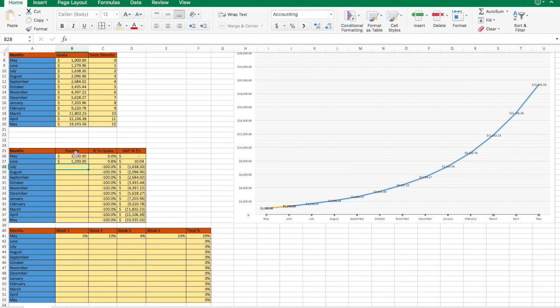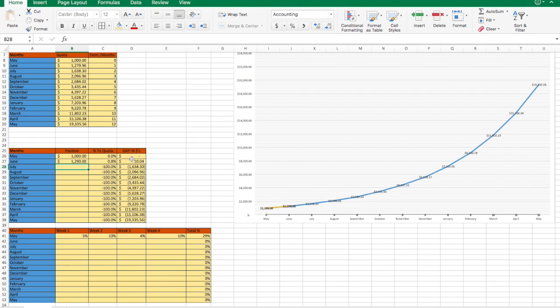You press enter, and this will actually tell you, under percentage to quota, that you're up 0.8% to your normal value, to stay on track. So you're actually above the target price point where you're supposed to be. That means you're up $10.04. So the gap in dollars tells you the difference between where you're supposed to be to stay on track and what you actually achieved.